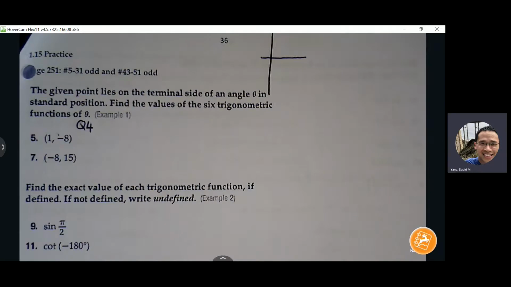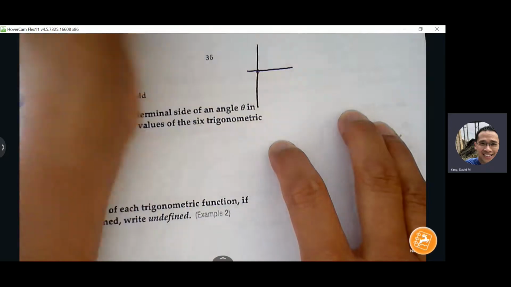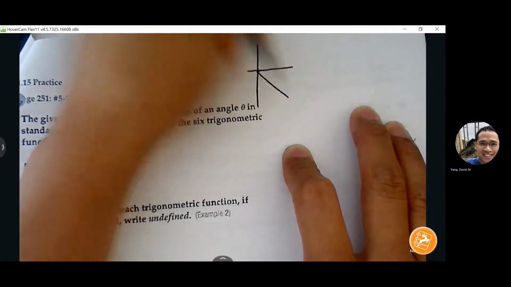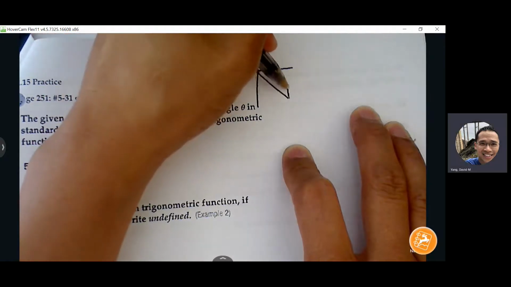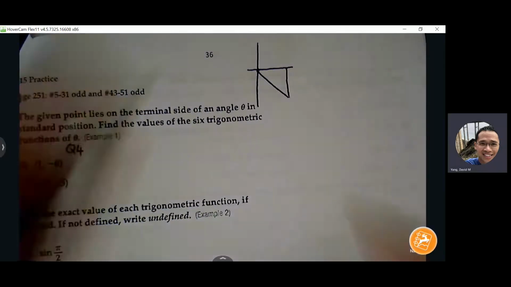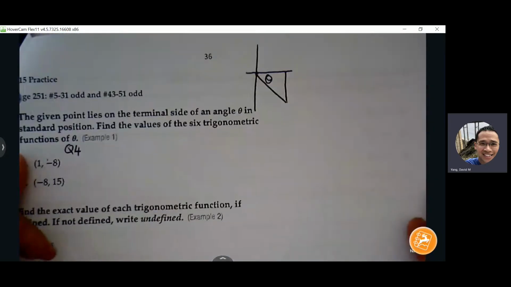Now, it's important that we draw our triangle in a very specific way. You're going to start at the origin, extend the triangle, and then connect to the closest x-axis. Never involve the y-axis. And your theta is always going to be closest to your origin.